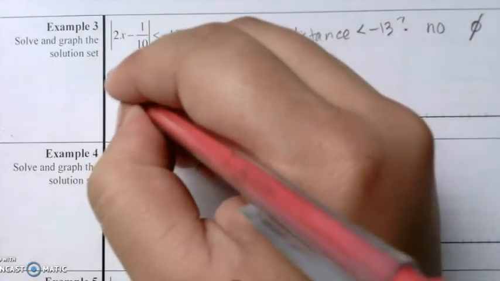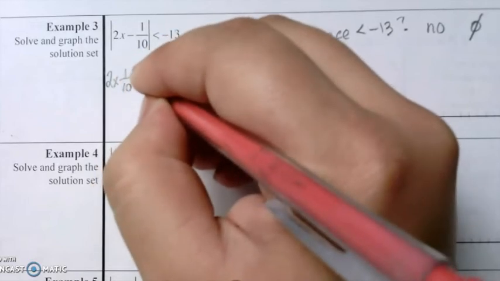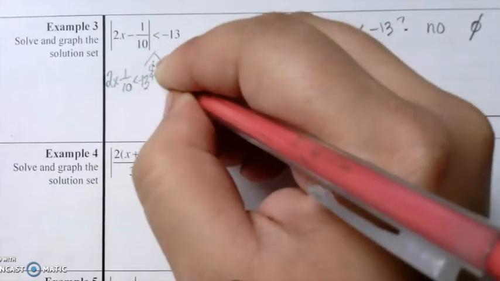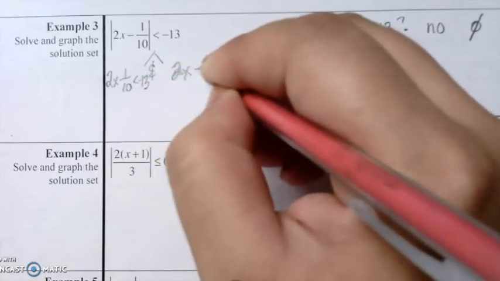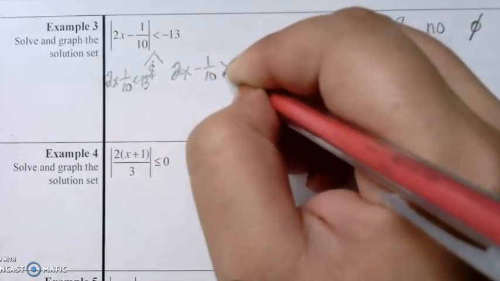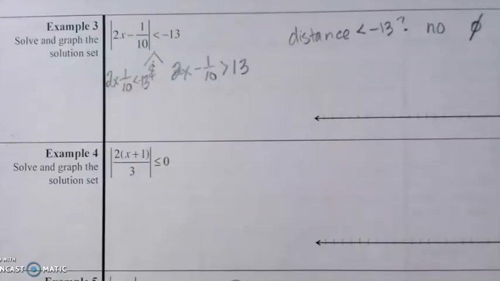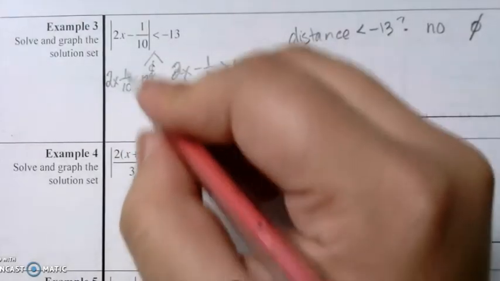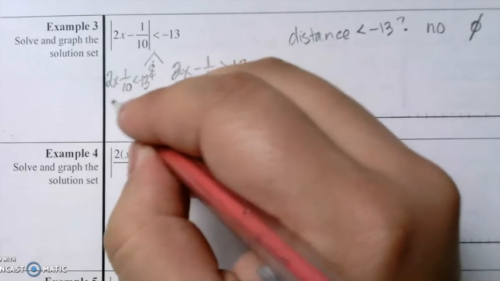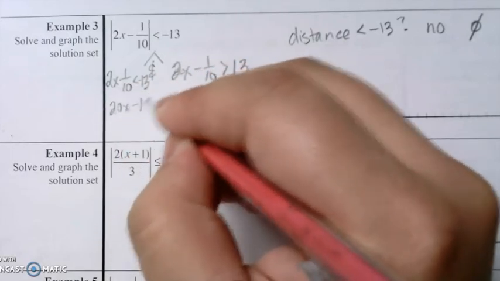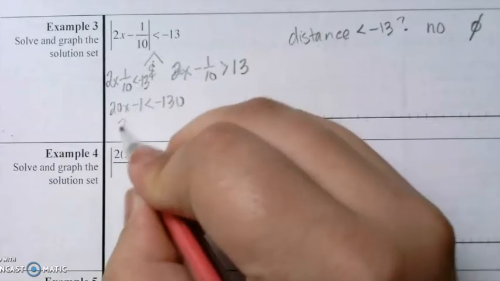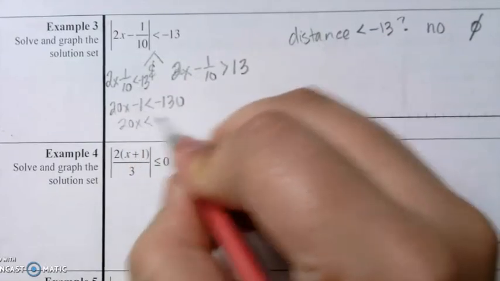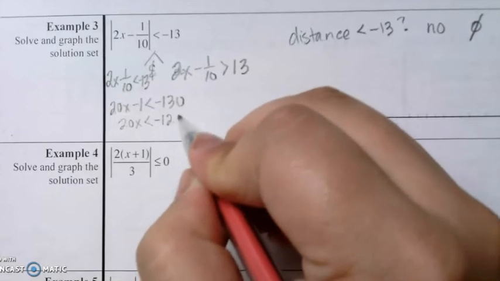So we have that 2x minus 1 over 10 is less than negative 13, and 2x minus 1 over 10 is greater than 13. Okay, so we can continue to solve this. Multiply by 10 across, so 20x minus 1 is less than negative 130. Add 1, 20x is less than negative 129.